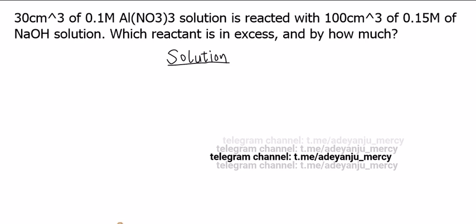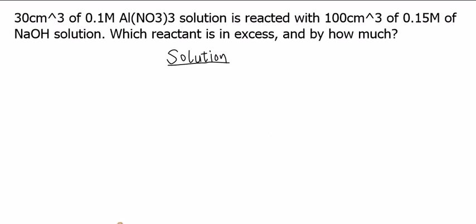In the question above, we are to determine which reactant is in excess and by how much, that is, the volume by which the reactant is in excess. So the first thing to do in attempting questions like this is to write out the chemical equation showing the reaction between the two solutions.